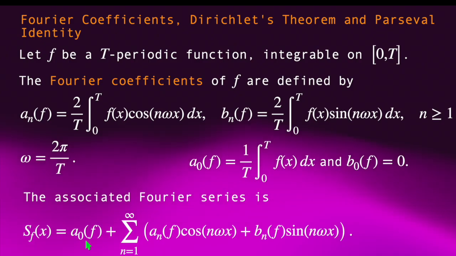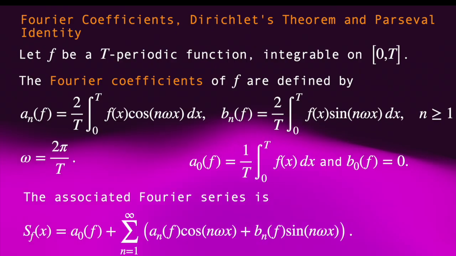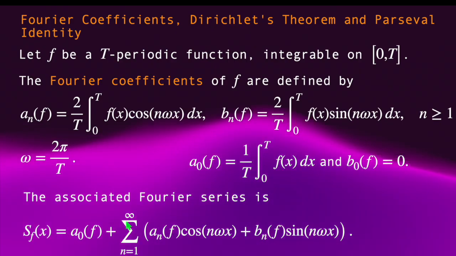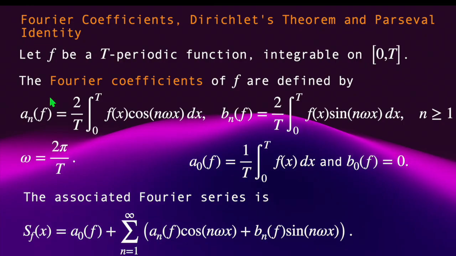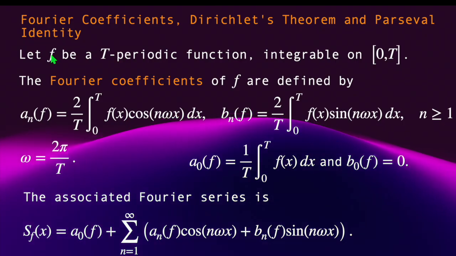Now the main result of this theory tells us that in many cases this Fourier series converges to the original function f.